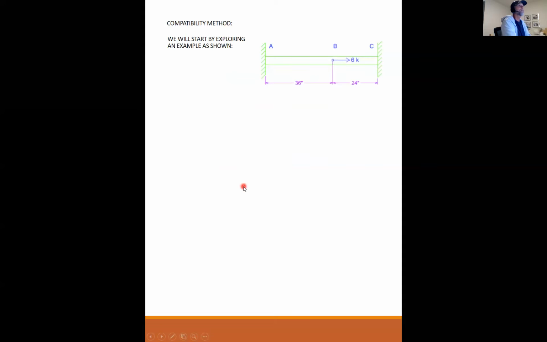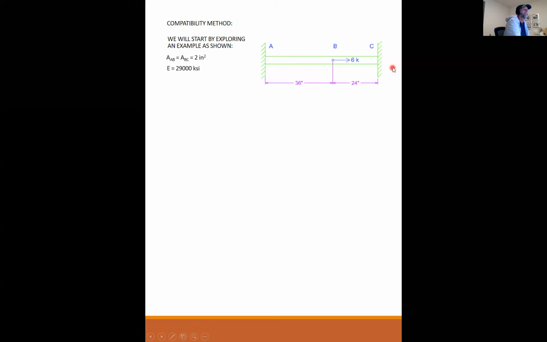Here's our example problem. I have a rod of A to B to C. The total rod is 5 feet long, and I have this load applied somewhere in the middle of the rod. The area of A to B is equal to the area of B to C, so it's a consistent rod all the way through, and the area is 2 inches squared.